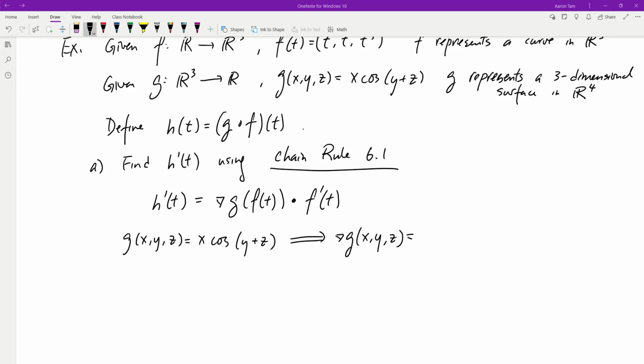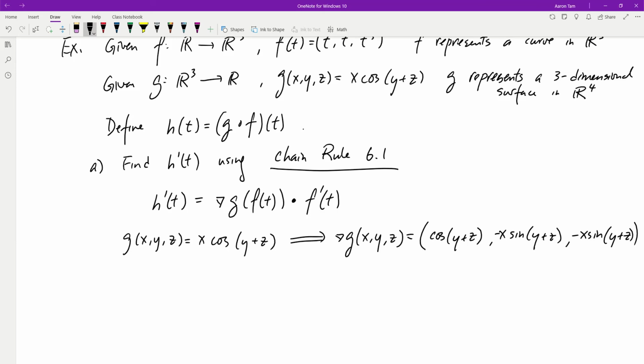If I take the derivative with respect to x, that would be cosine of y plus z. If I take the derivative with respect to y, it will be negative x sine of y plus z. If I take the derivative with respect to z, I get this exact same thing. So that's what the gradient of g is.